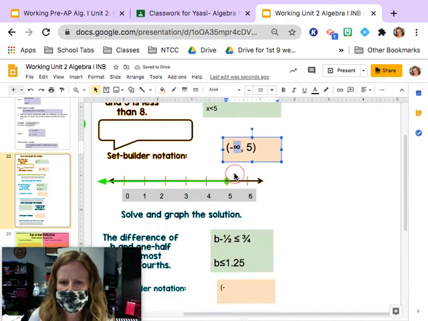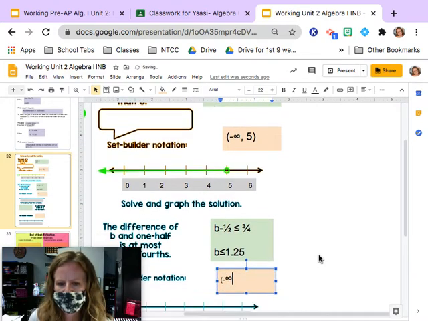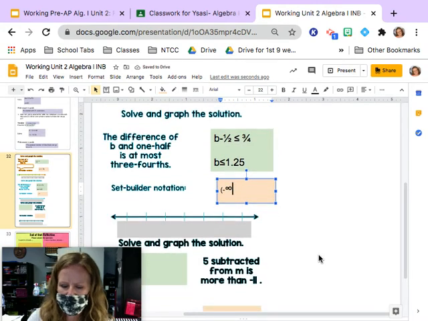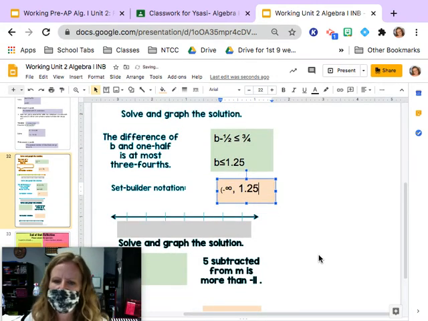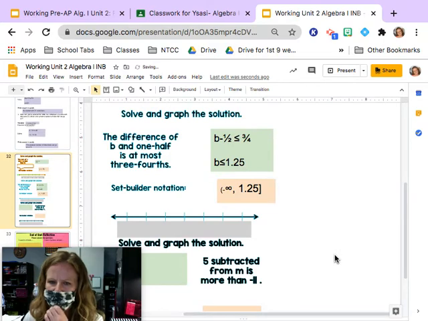I'm just going to grab this infinity up here and paste it down here. Negative infinity up to 1.25. And less than or equal to means we're going to have a bracket.